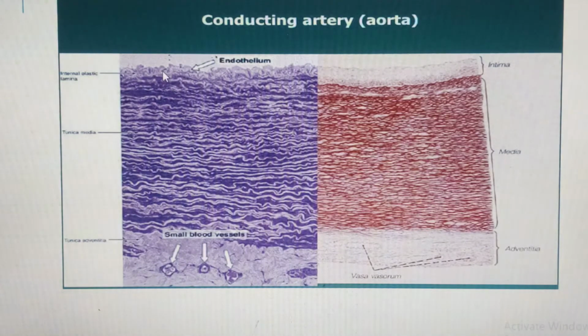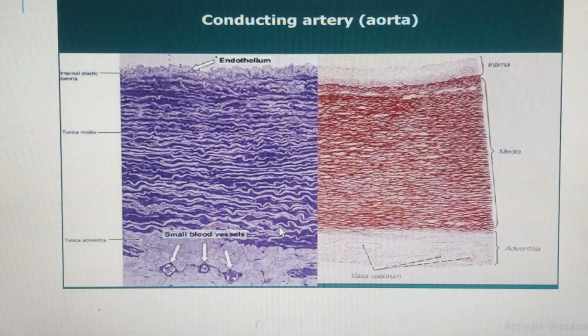But because this is an elastic artery with a lot of fenestrated elastic fibers in its tunica media, with little smooth muscle, we don't really see or appreciate the internal elastic lamina, although it is there. It is less conspicuous. Even the external elastic lamina, virtually we don't see it, but you can demarcate where it's supposed to be.